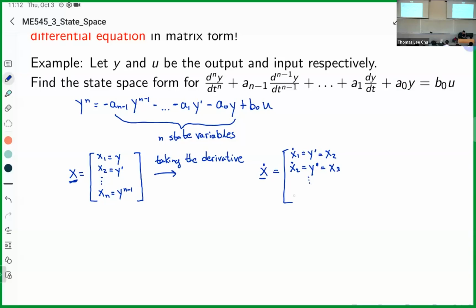All the way down to xn minus 1 dot, which is equal to y to the n minus 1, which is equal to xn. Yep, just had to think about that for a second. And then xn dot is equal to y to the n.